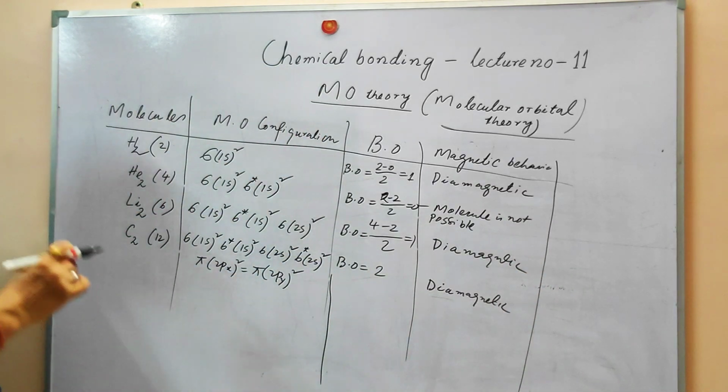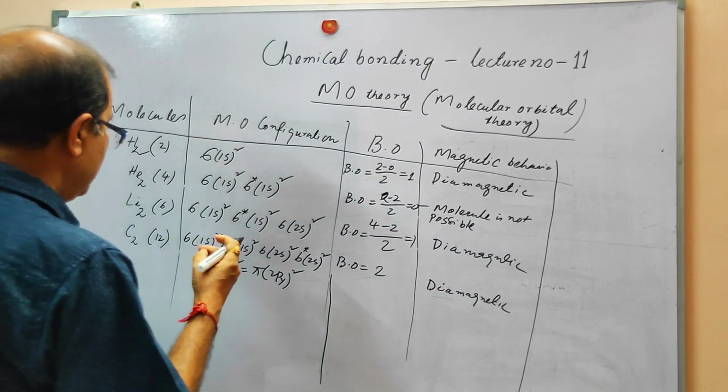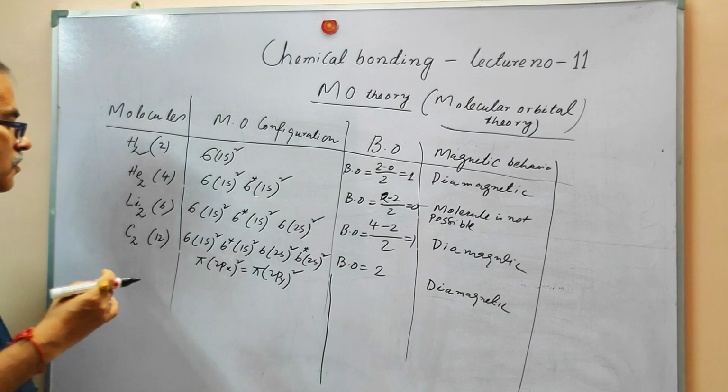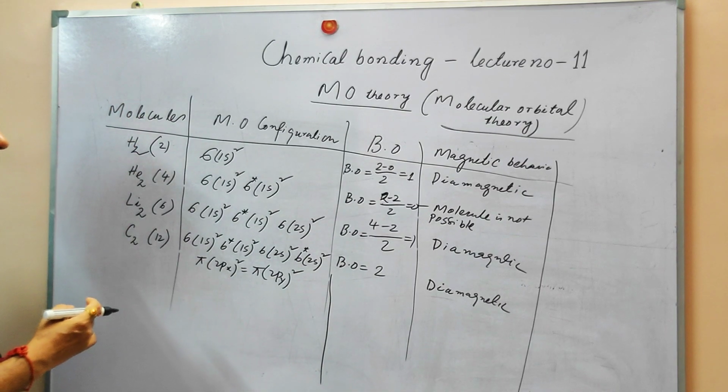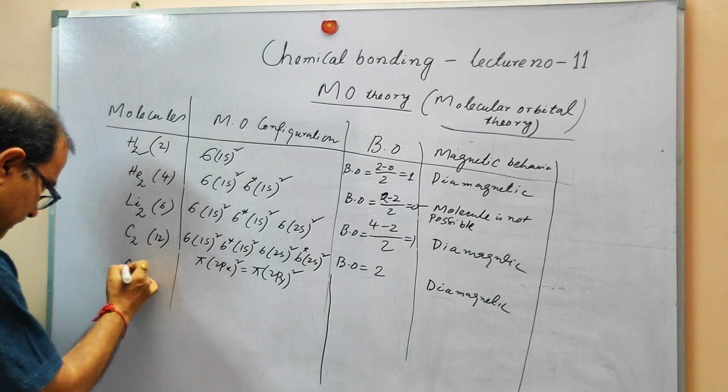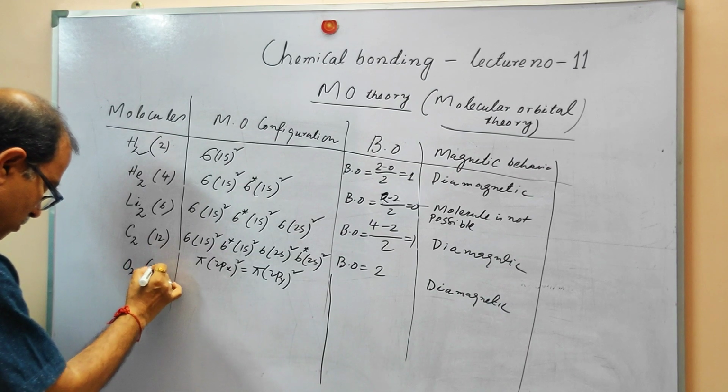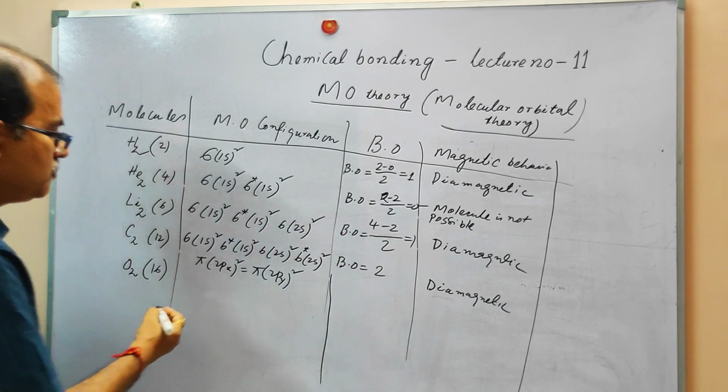So you understand how we are able to make the electronic configuration of the molecular orbitals in the case of different molecules. Now we are taking the example of oxygen. Oxygen, we know, has 16 electrons.